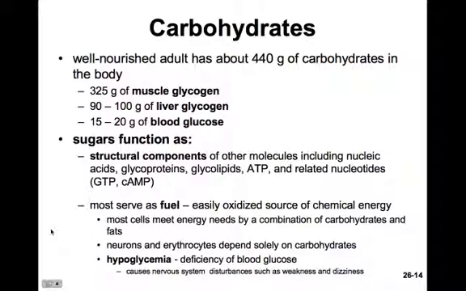They're structural components of several other molecules, including nucleic acids, deoxyribose, and glycoproteins, glycolipids, the root glyco tells you the sugar, adenosine triphosphate, and some related nucleotides like guanosine triphosphate and cyclic AMP that we've seen utilized in second messenger systems.